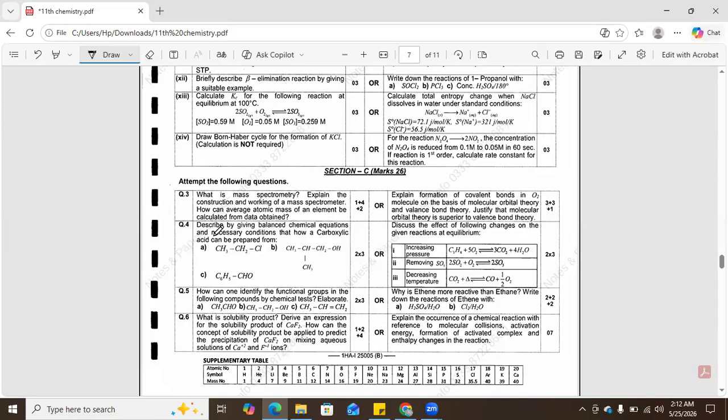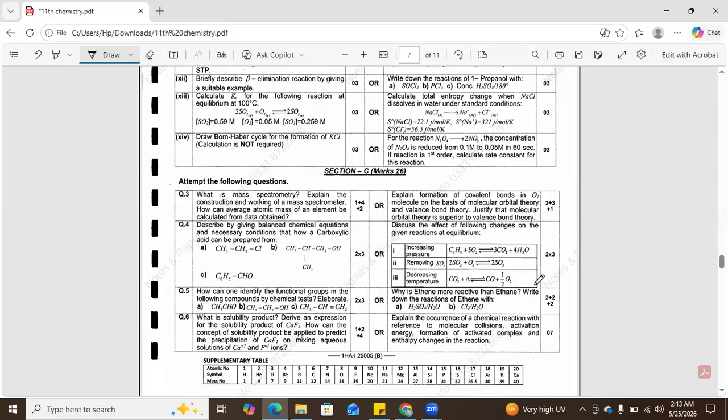Question number 4 is, describe by giving balanced chemical equations and necessary conditions how a carboxylic acid can be prepared from these molecules. Optional question is, discuss the effect of following changes in the given reaction at equilibrium. They have given you three reactions: increasing pressure, removing SO3, and decreasing temperature.